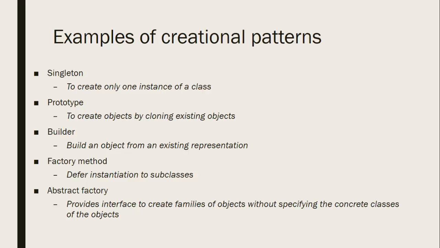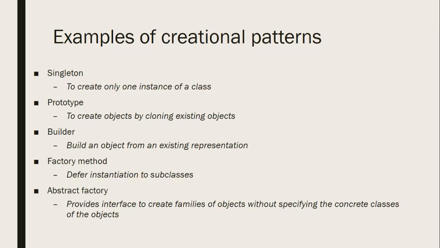That is how we use an existing object and copy it to create a new object. The builder pattern builds an object from an existing representation. What we mean by this is that we create an object from an existing object of a different class.